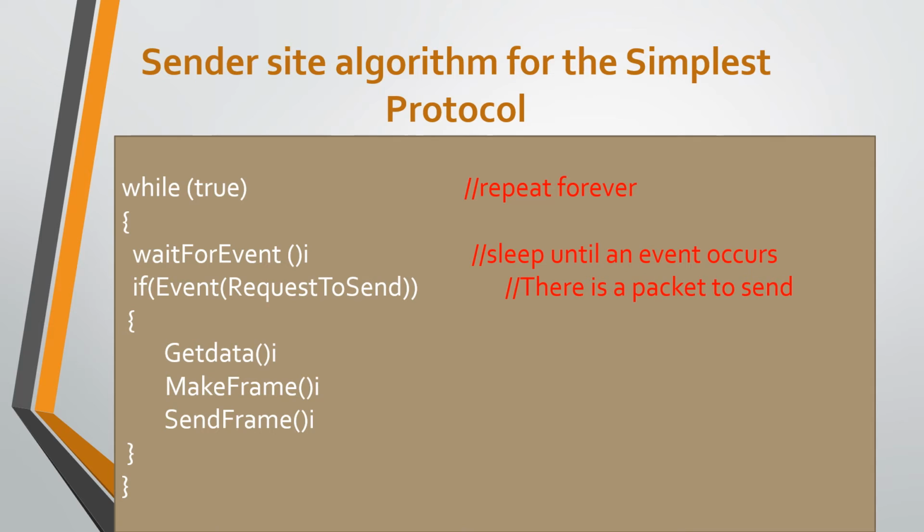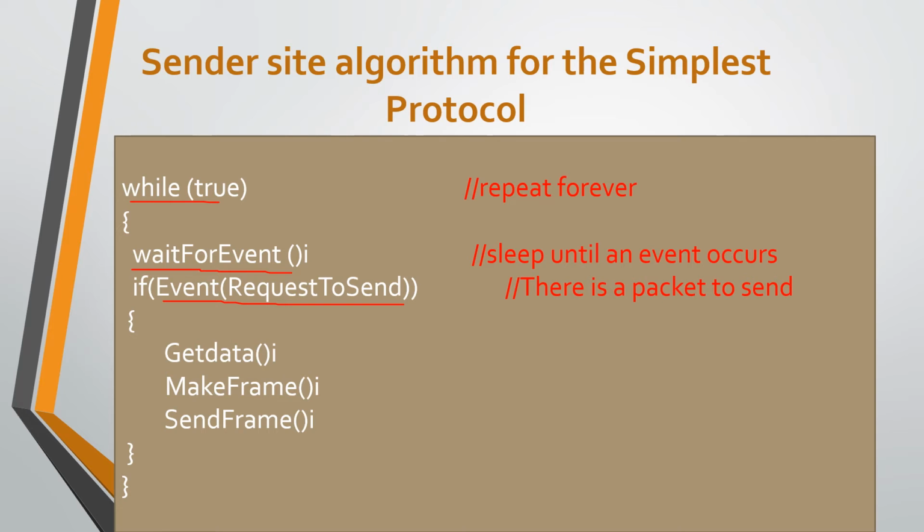Hence, in this algorithm for the sender side, while true means that the sender is continuously running and waiting for an event. Here the event is from the network layer, meaning if the network layer of the sender has some data to send, then only will the event occur, which is related to a request to send.